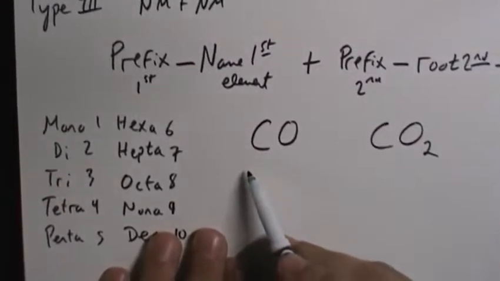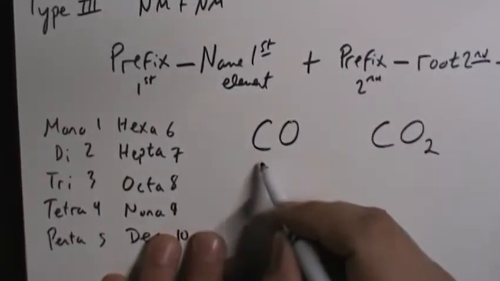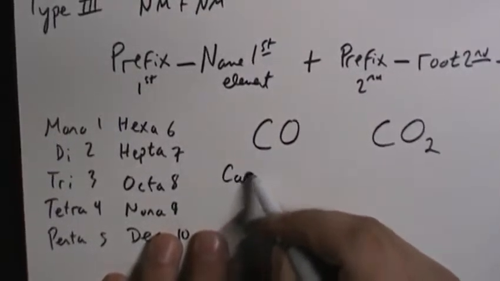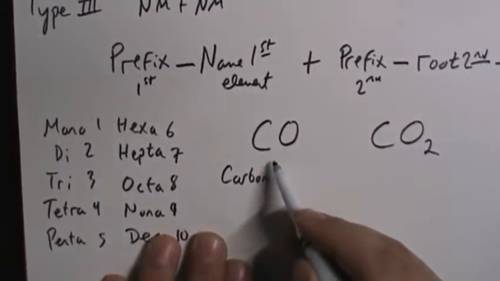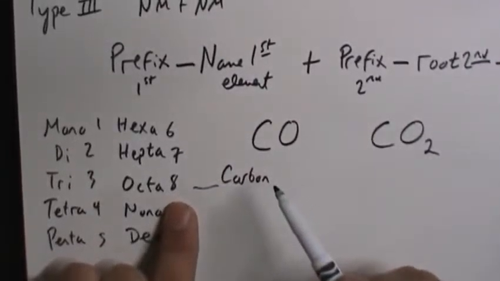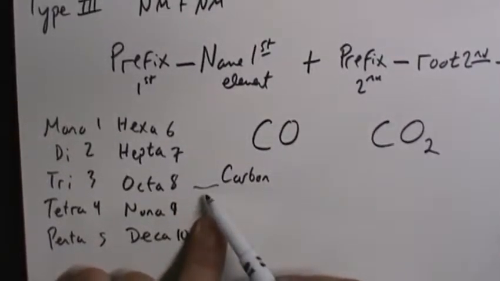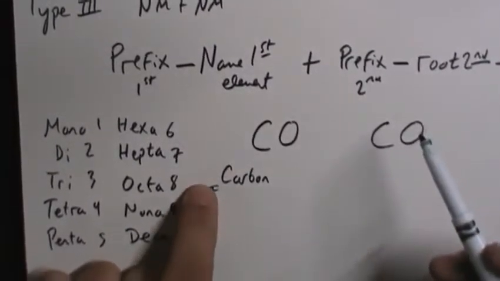Well, when we're naming this compound, we're going to name our element, so carbon. It doesn't have a prefix, so it's implied to be a 1, so we could write monocarbon, but there's a special little rule that says if it's mono on the first element, don't write it. So we just write carbon.